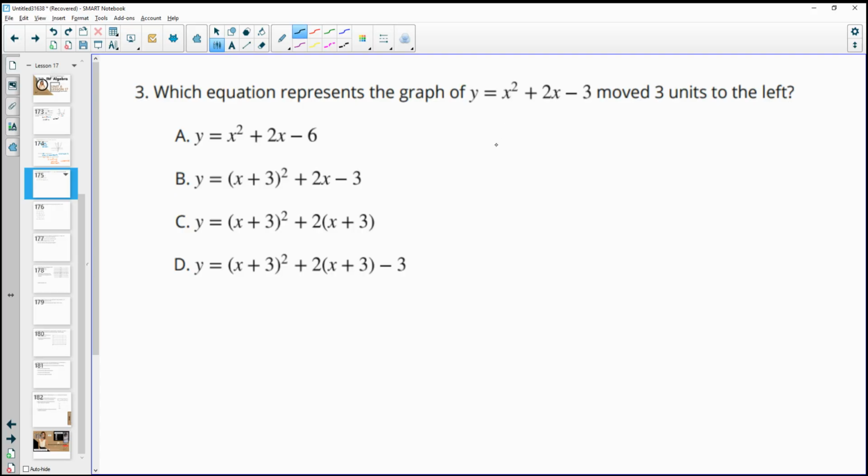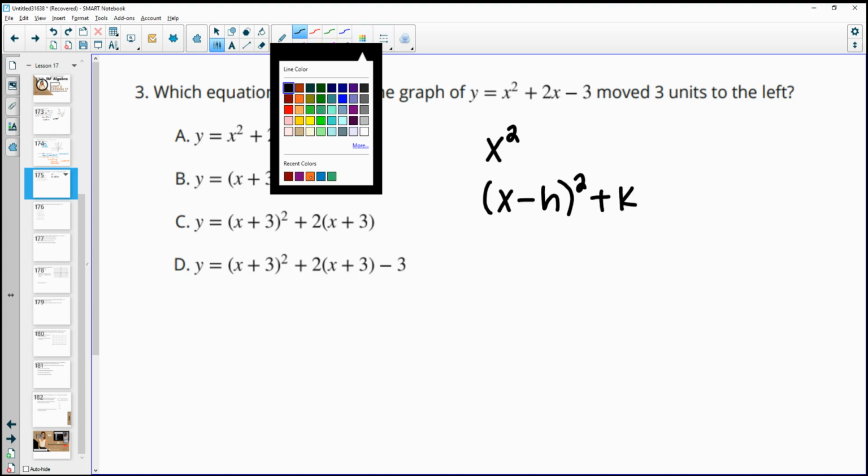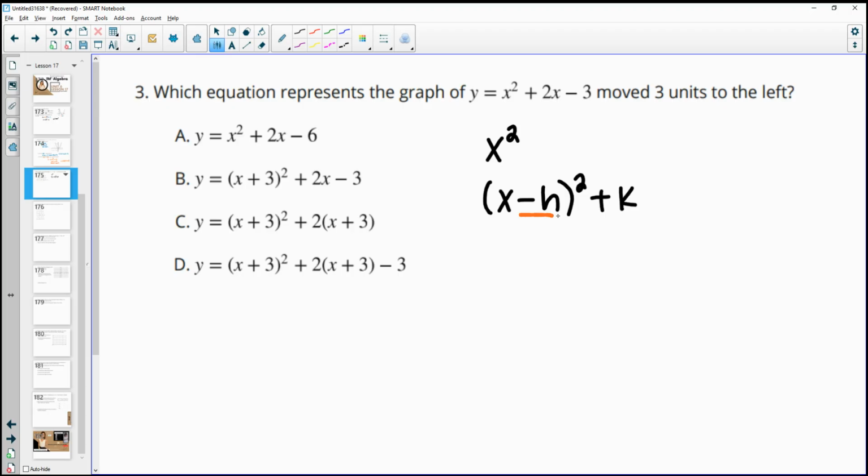But if we think about the vertex form, if we think about having x squared, and then writing that as (x - h)² + k, remember that h is the movement that moves us left or right, going inside of or touching this x value. The k is going to move it up or down, so we're not worried so much about that. But what we want is to bring this 3 units to the left on the inside.